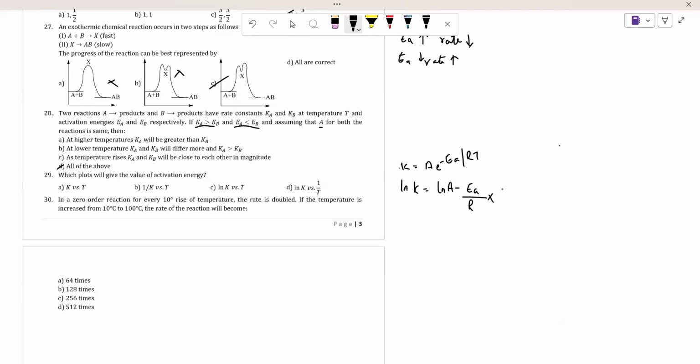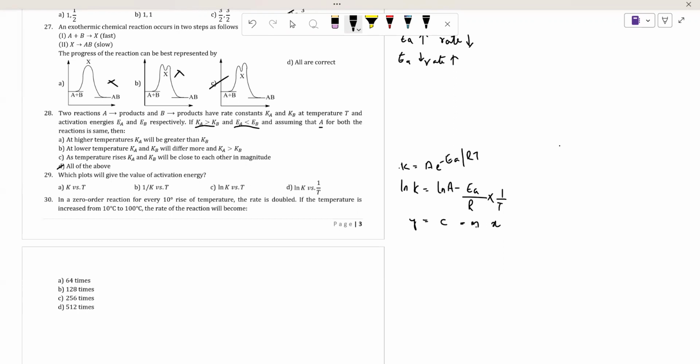Ea by R into 1 by T, I can write, right? Now this follows the linear regression formula, where this is m, this is x, and this is the intercept c.